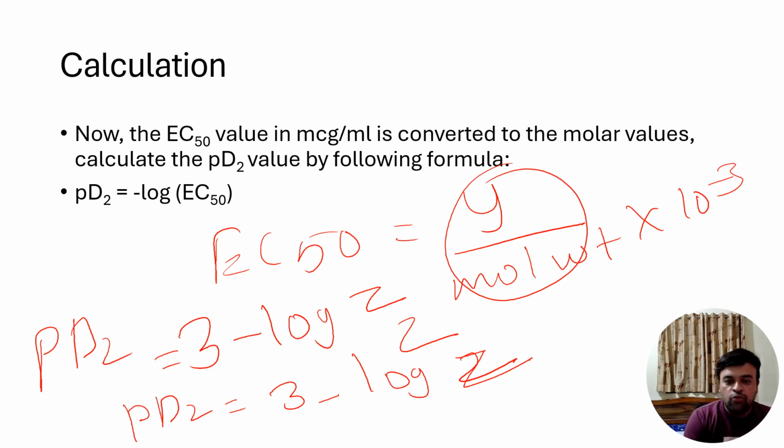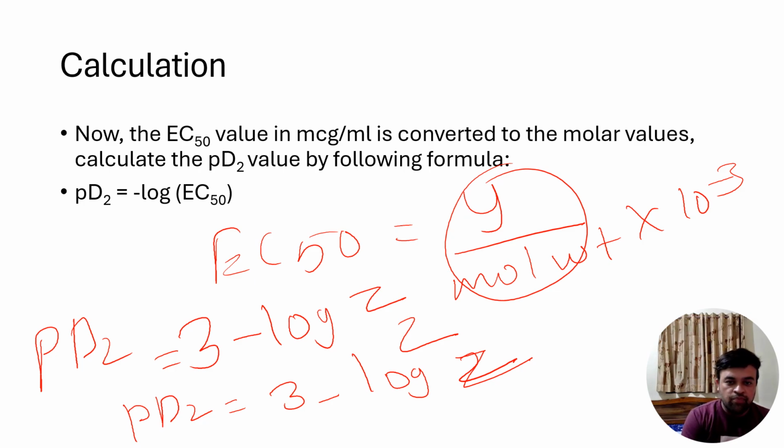Whatever y value we have just got is in microgram per ml. We have to convert it to the molar concentration. How do we convert it? By dividing it by the molecular weight of the agonist, which is given data, and multiplying it by 10 to the power minus 3.